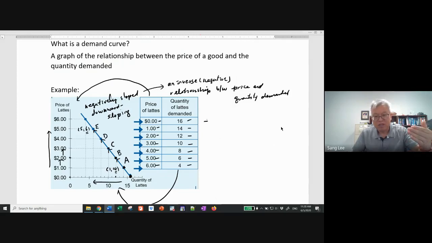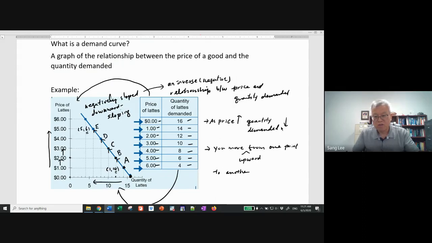And what that means is, as the price rises, the quantity demanded falls. And that also means, as we just saw a minute ago, you move upward from one point to another along the demand curve.